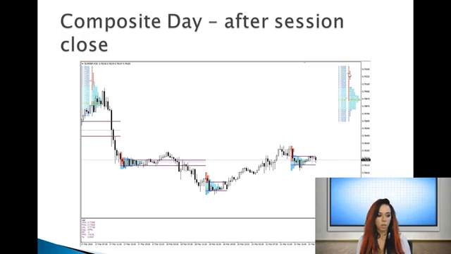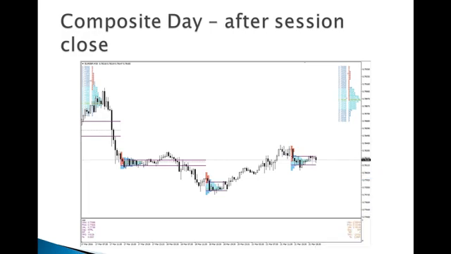Jim Dalton calls this a composite day analysis. It can be sell day, buy day, or neutral, but to avoid any confusion with people thinking that this is some kind of a signal, we are calling it a down day, up day, and neutral day, but it is composite day information, and this is where it's located.